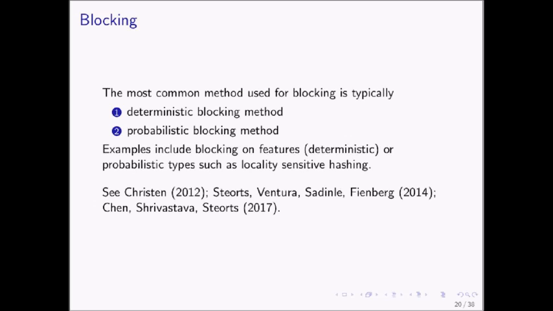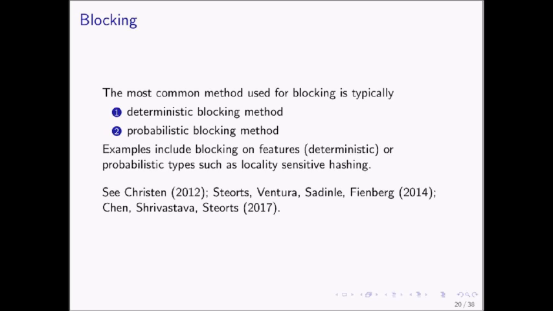So let's talk about blocking just for a moment. There are two very common methods that are used for blocking. One is deterministic, and the second is probabilistic. So what is a deterministic blocking method? Suppose I have a data set on medical data, and it has full date of birth, gender, and the state where a patient lives.